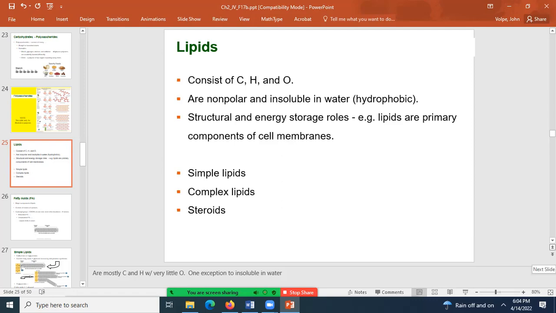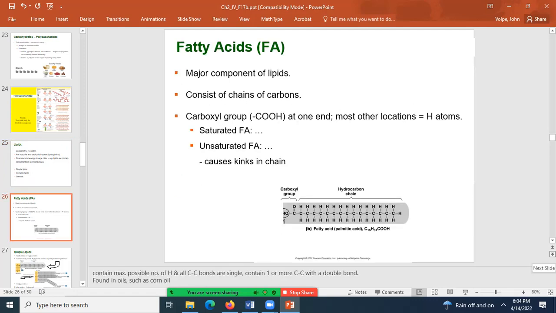If not, let's talk about simple lipids. Simple lipids are made up of fatty acids, a major component of lipids. A fatty acid consists of a fairly long chain of carbons and hydrogen. It does have one carboxyl group at the very end, but in most other locations, hydrogen is bound to the carbon.